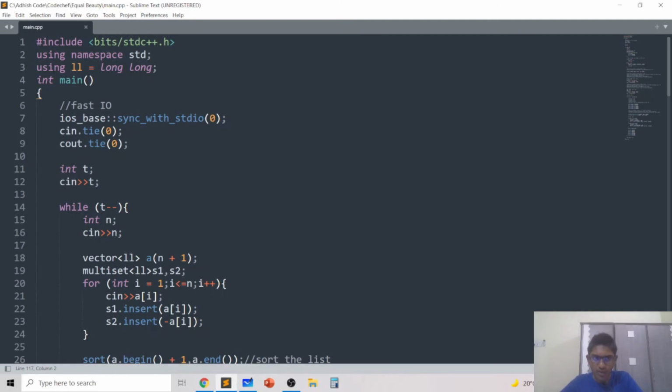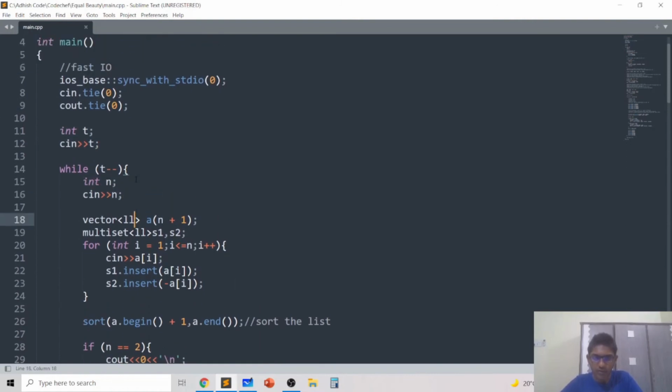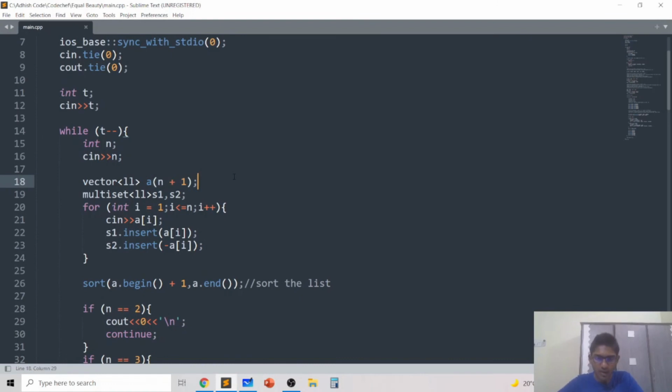In the code I use LL to represent long, then I use fast IO as always. For each test case I take in the value of n. I store vector long a of n plus 1, which represents the array of n integers, because I'm using one based indexing. I have two multisets.